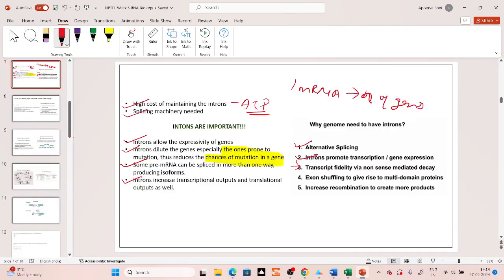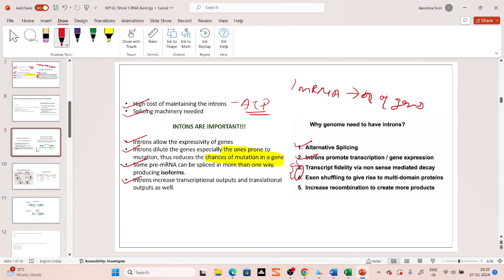This exon shuffling and nonsense mediated decay we'll study in the later slides. Just keep these points on hold. Increasing recombination to create more products, we'll also see how exon shuffling ultimately increases recombination. You just have to see that these are the points which explain the presence of introns in eukaryotic organisms.